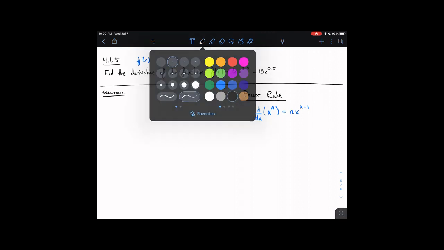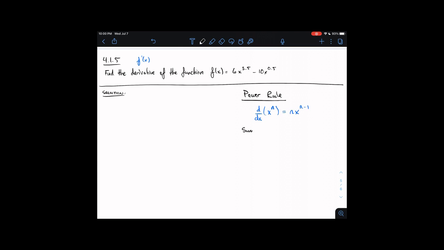And then I have the sum difference rule. Basically it says that if I take the derivative of 2 functions, f of x plus g of x, it's the same as taking the derivative of each of them separately and then adding them.